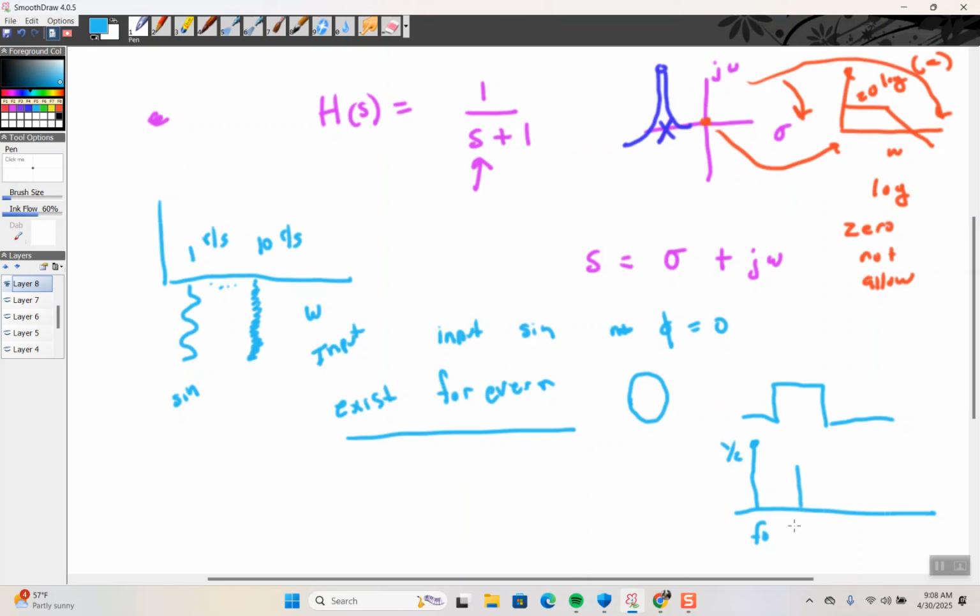Then we have F1, which is 2 over pi. These are the amplitudes, by the way. F3 is 2 over 3 pi, and so on and so on. I've now switched to frequency rather than radians, but these are all done linearly. Both scales are linear.